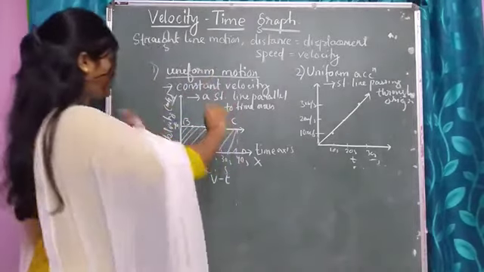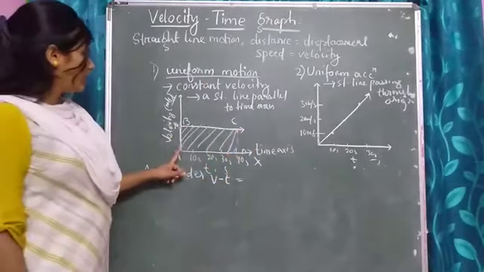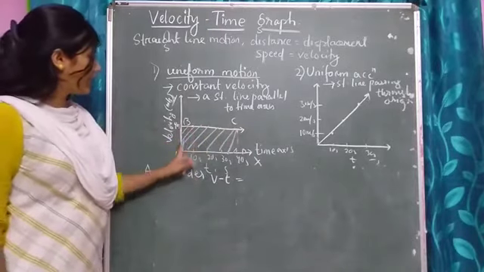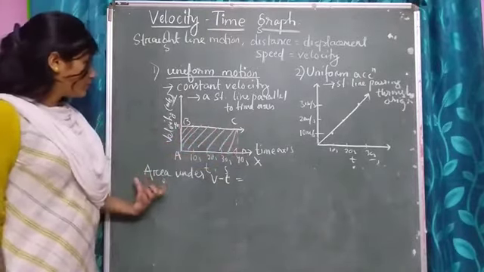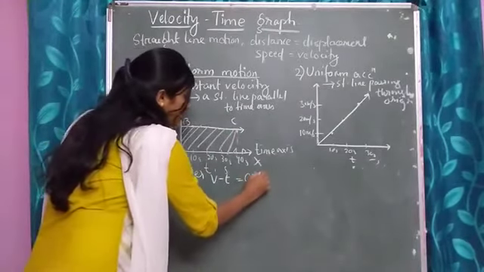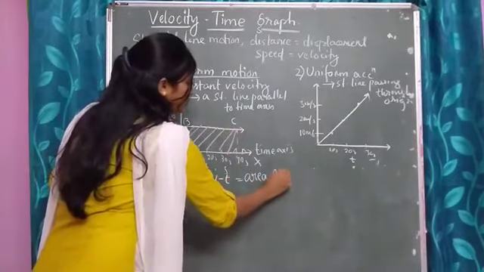Here you can see that the area under this graph is A, B, C, D.